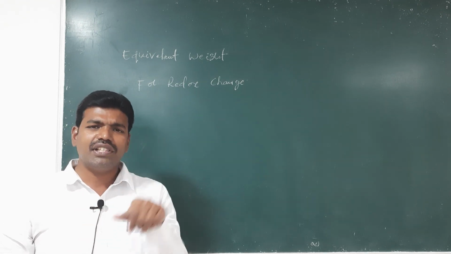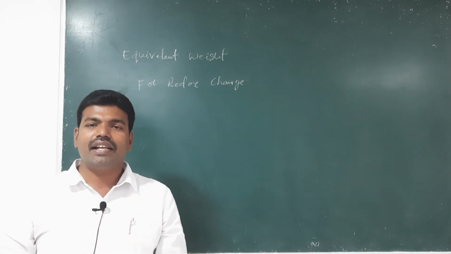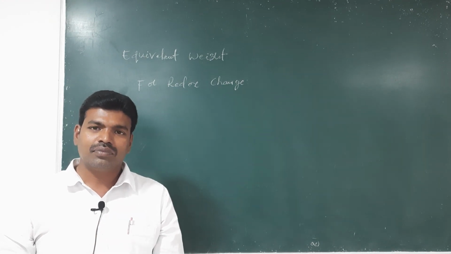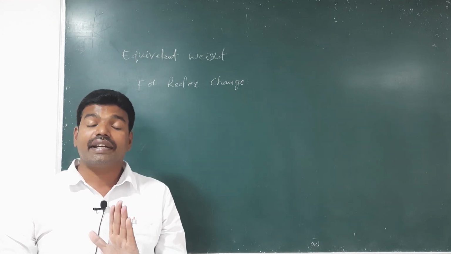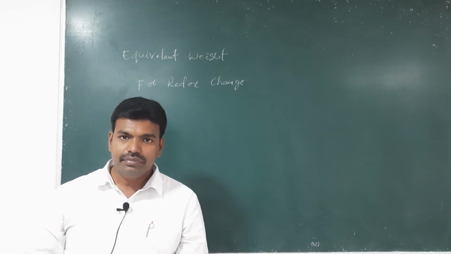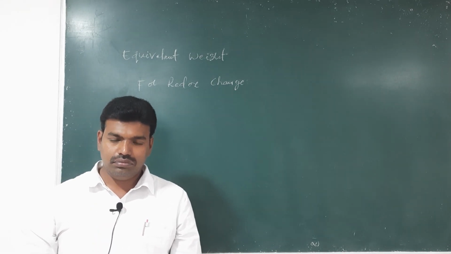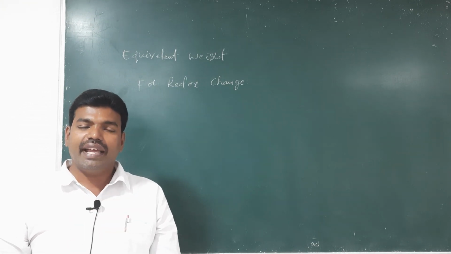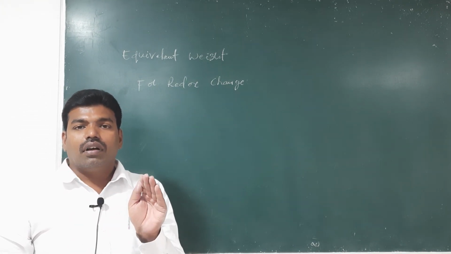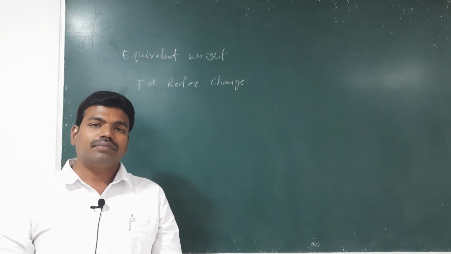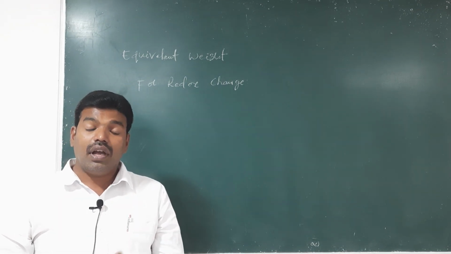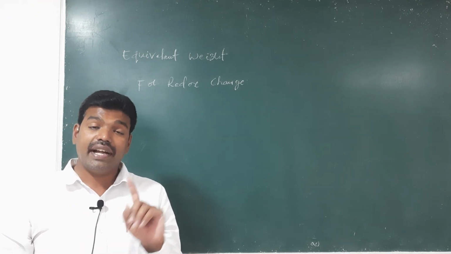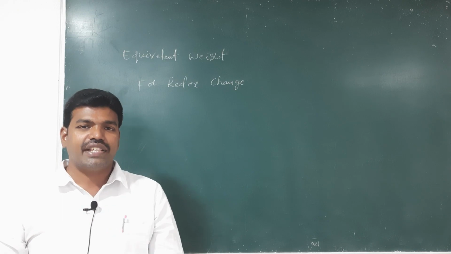So by definition you may feel difficulty calculating the equivalent weight of oxidants and reductants. In this context, I shall try to explain the difference between oxidation and oxidant, oxidizing agent, reduction and reducing agent.